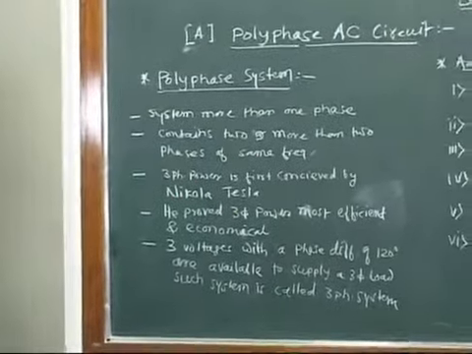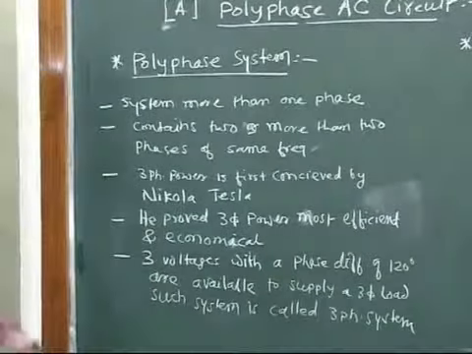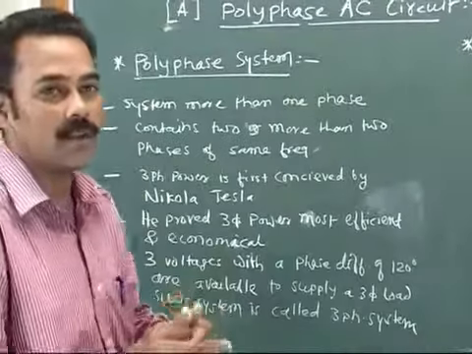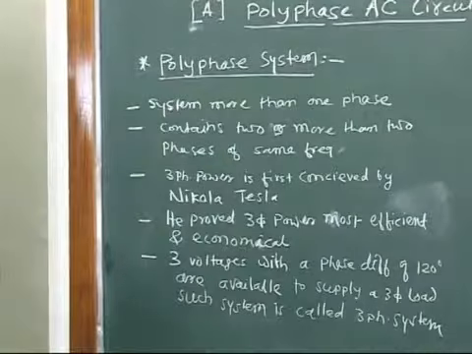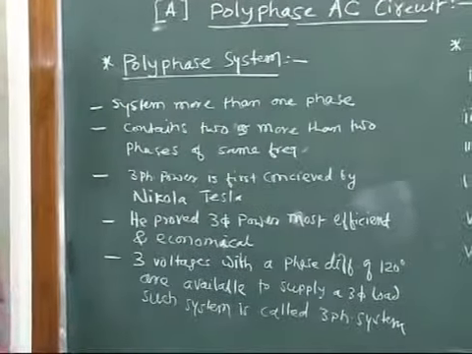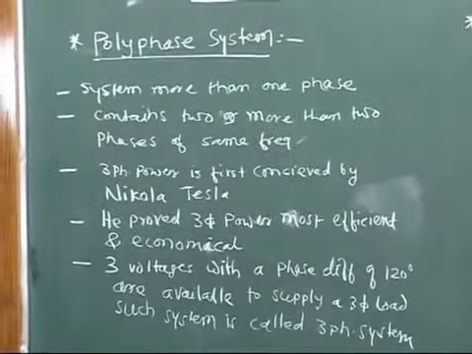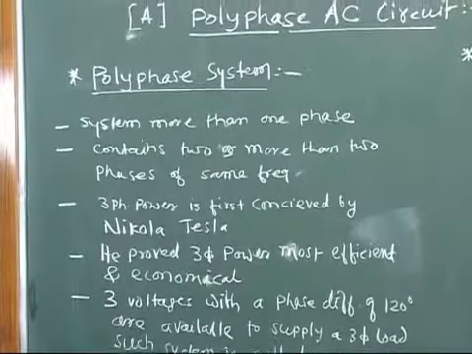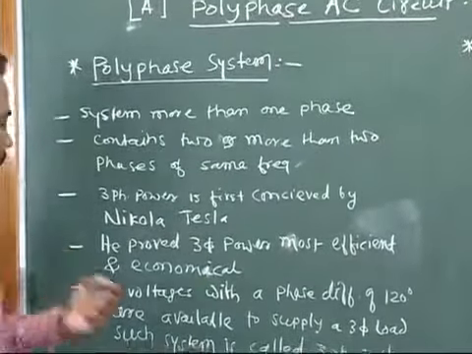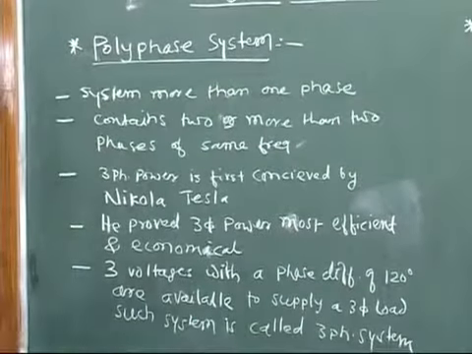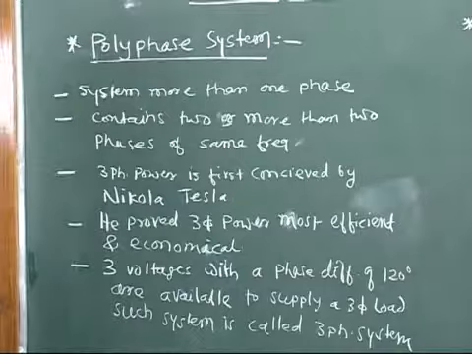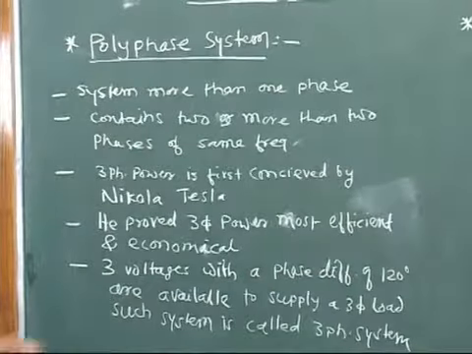A polyphase system may generate the voltage in two phases, three phases, six phases, nine phases, like this. But among polyphase systems, the three-phase system is the most economical and efficient, and that's why all over the world this three-phase power is used, generated and transmitted.